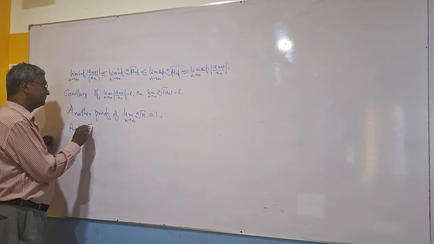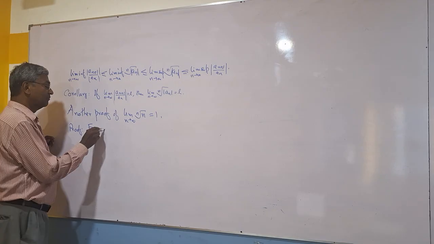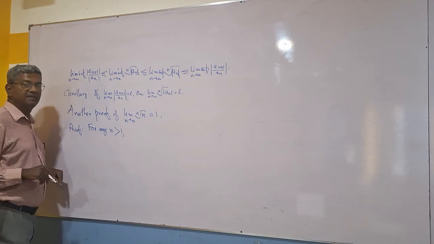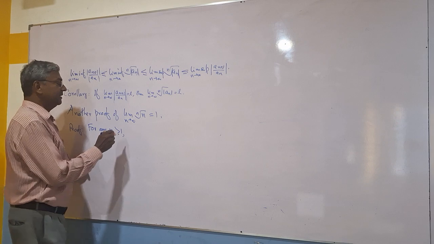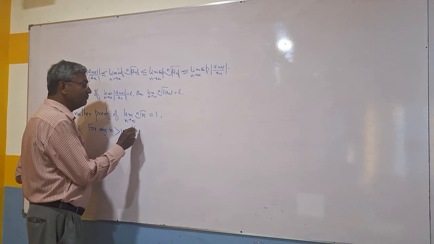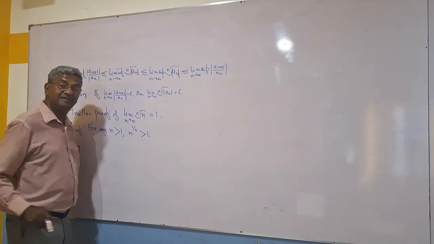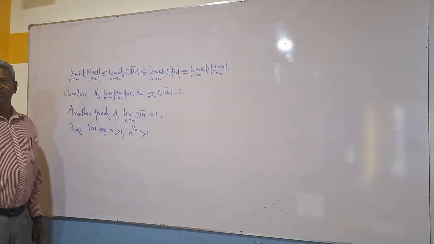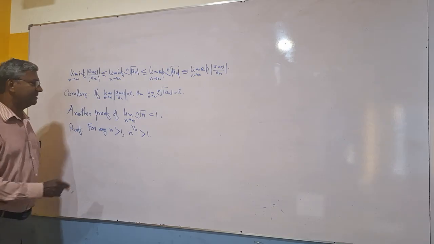For any n greater than 1, n to the 1 over n must be greater than 1.